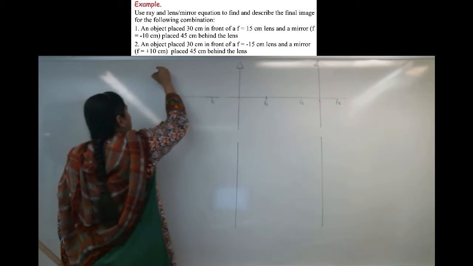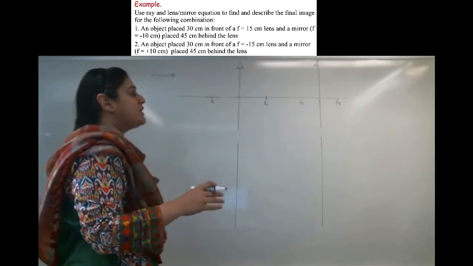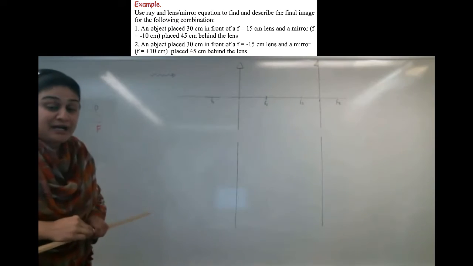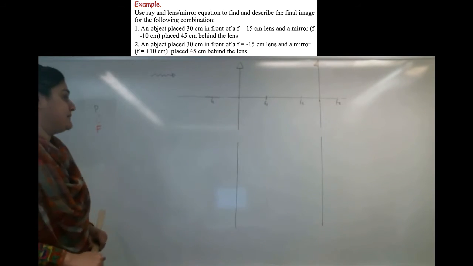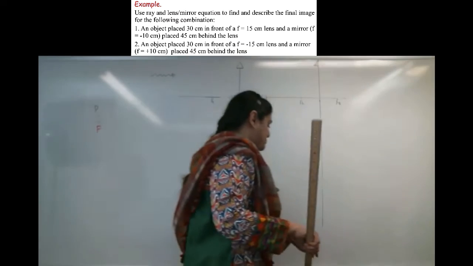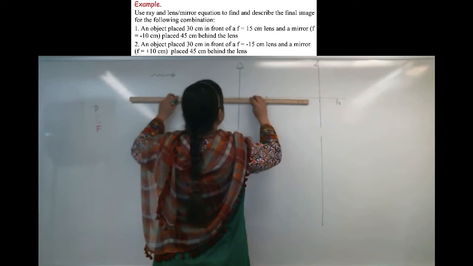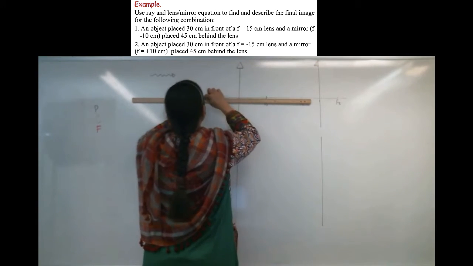Here's another thing that becomes very useful. I'm going to make this little symbol that will help me determine where the rays are actually coming from. So it says that my object is placed, what did it say? 30 centimeters in front of the lens. 10, 20, 30.